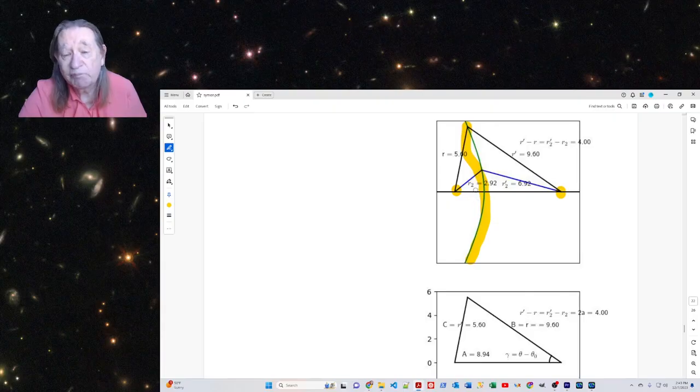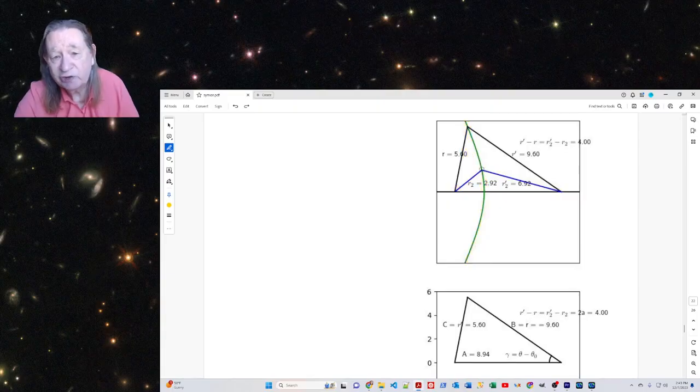And the deal is, if you take the distance of the alpha particle from one focus, and you take the distance from the other focus, and you subtract the shorter one from the longer one, then you get, well, in this picture you get 4, no matter where you are on the green arc, but you get a constant.